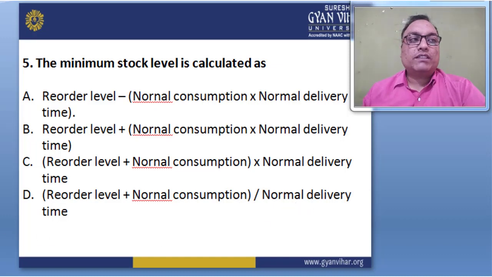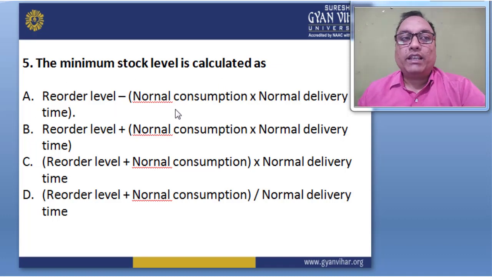So option A is the right answer. The minimum stock level is calculated as the reorder level minus normal consumption into normal delivery time. So A is the correct answer for this problem.